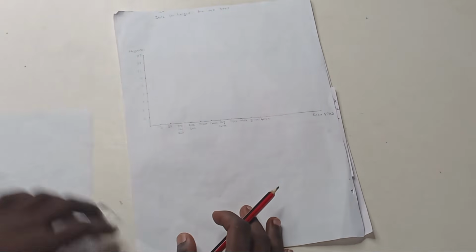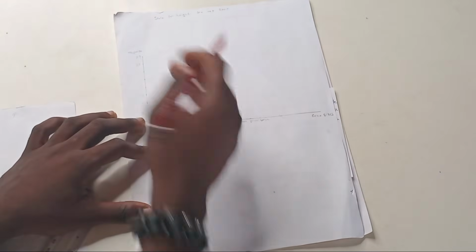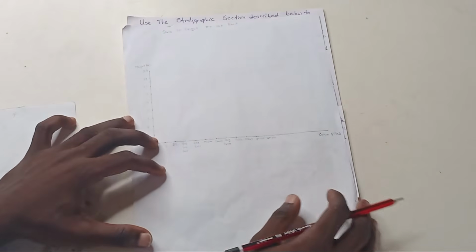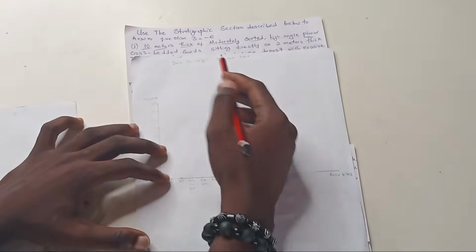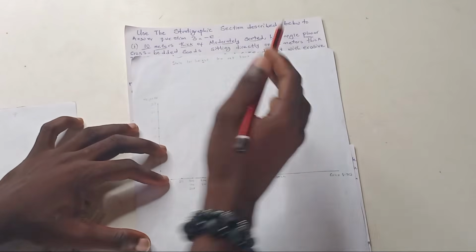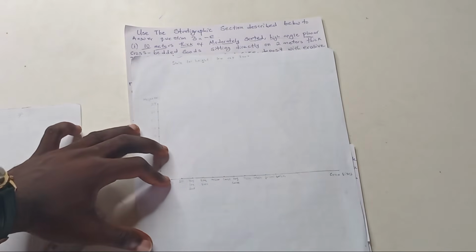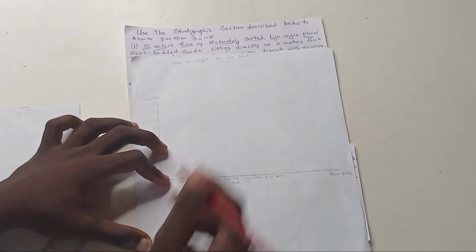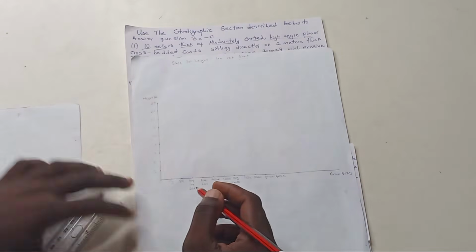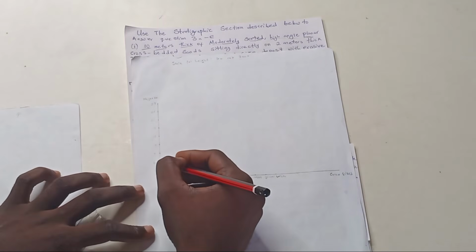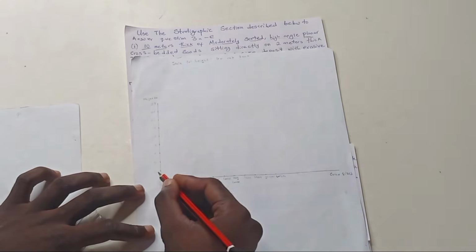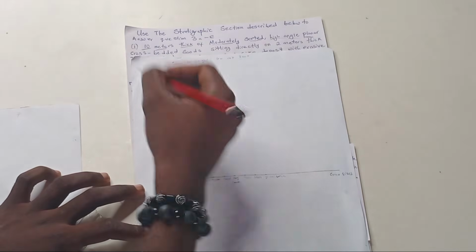So how did I do my height? I just used 1 centimeter represents 3 units. I still use 1 centimeter, but I'm using increments of 3.